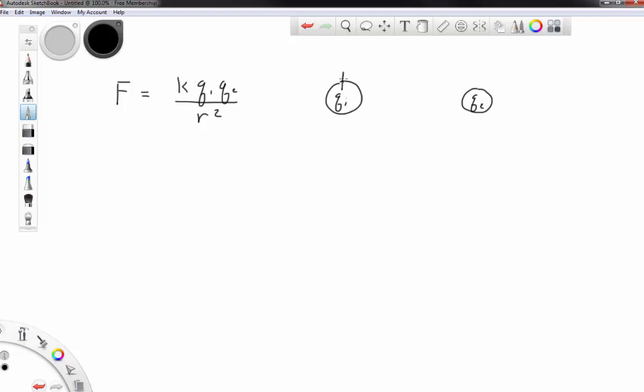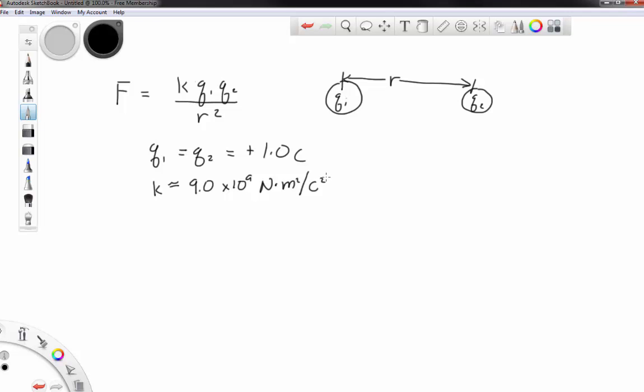The distance between them would be r, and we were given that q1 and q2 are both 1 coulomb. So that's what's going to go in for q1 and q2. k again was approximately 9 times 10 to the 9th Newton times meters squared divided by coulomb squared, where a coulomb is this unit of charge that we're using.